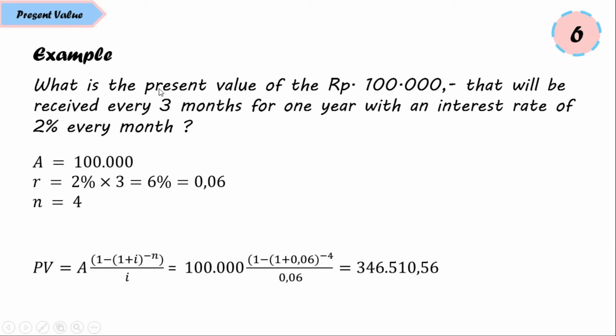Okay, example for the present value. What is the present value of 100,000 that will be received every 3 months for 1 year with an interest rate of 2% every month? So now, A equals 100,000, R is 2% multiplied by 3 equals 6% equals 0.06, and N equals 4.